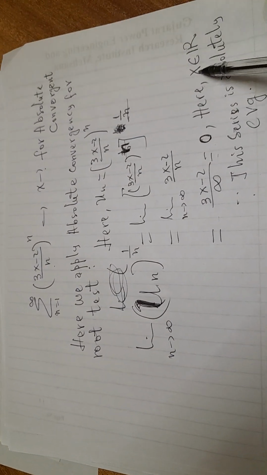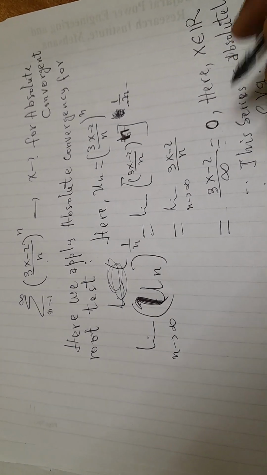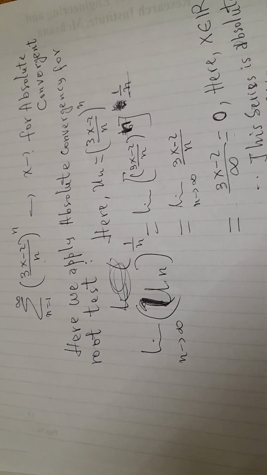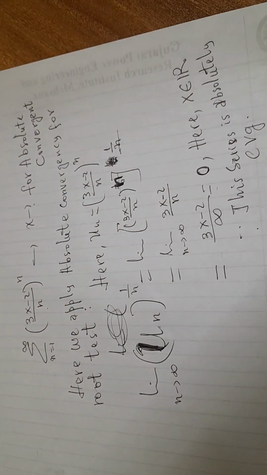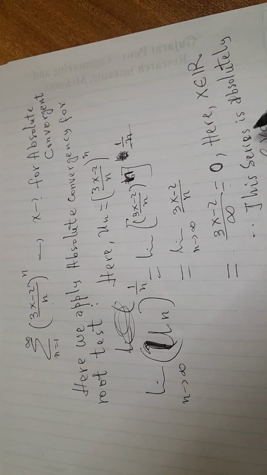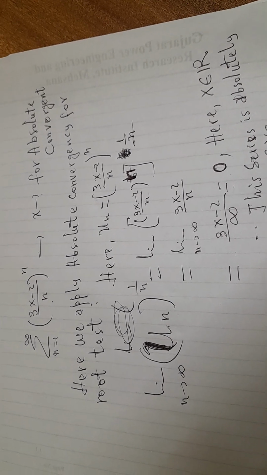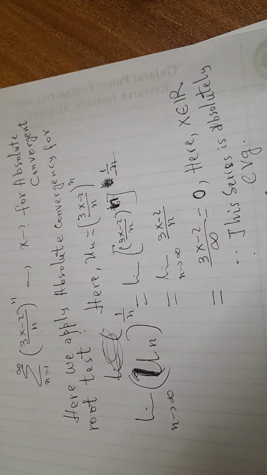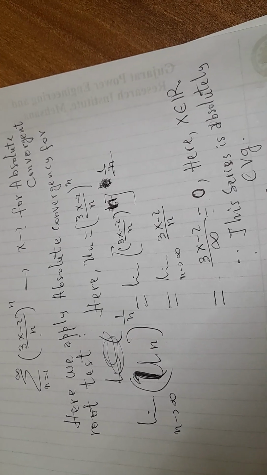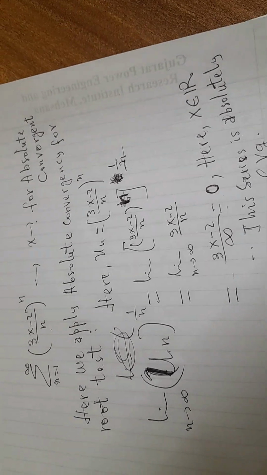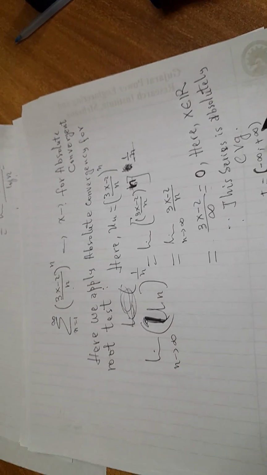Any number you can put here, it will converge. So the interval of convergence will be from minus infinity to plus infinity, just like this.